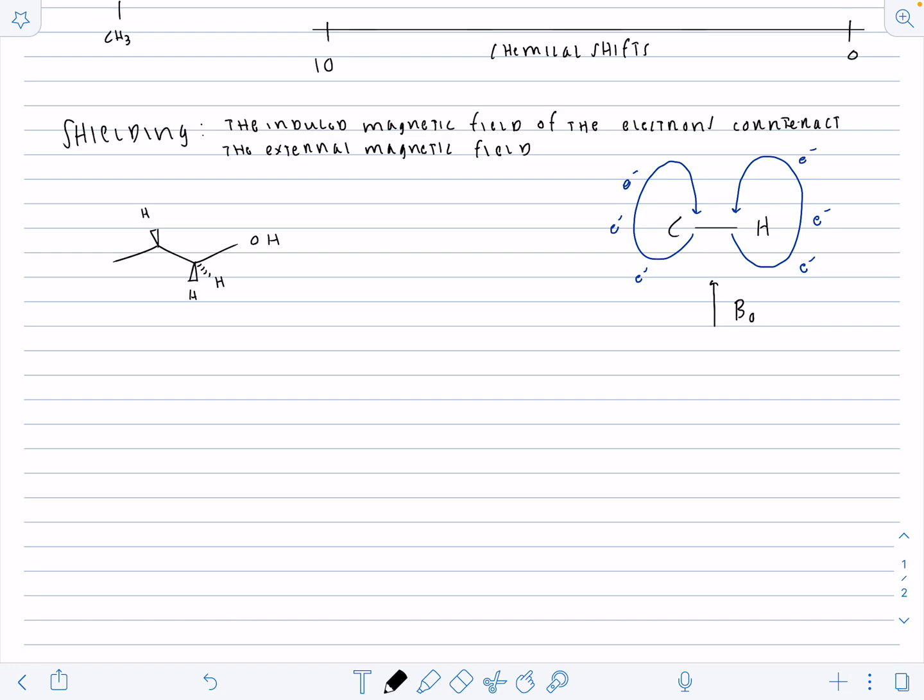One of the major things that determines how shielded a proton will be is its vicinity to electronegative atoms or some sort of reference point in the molecule itself. We know that oxygens have high electronegativity compared to carbons. So the electrons on this oxygen are going to pull in the electrons on the hydrogens.